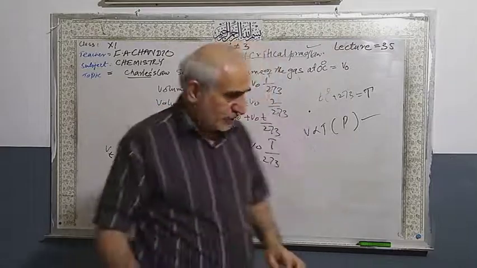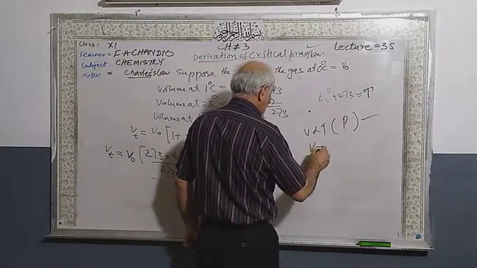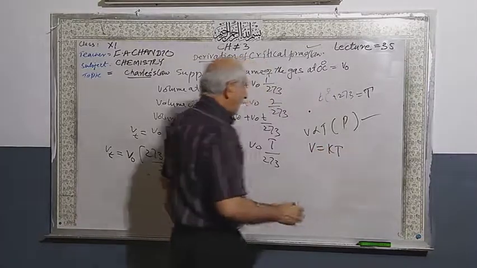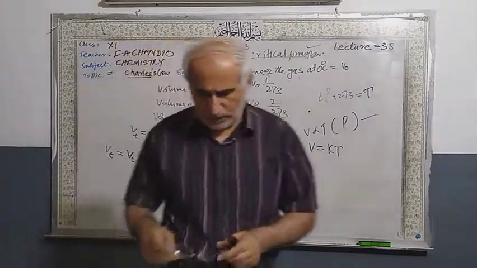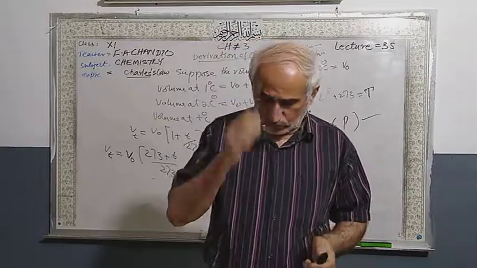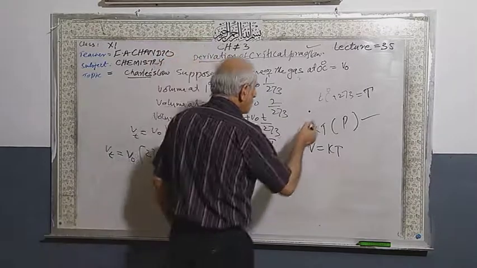So it means that at a constant pressure, the volume is directly proportional to the temperature. V1 over T1 is equal to V2 over T2.